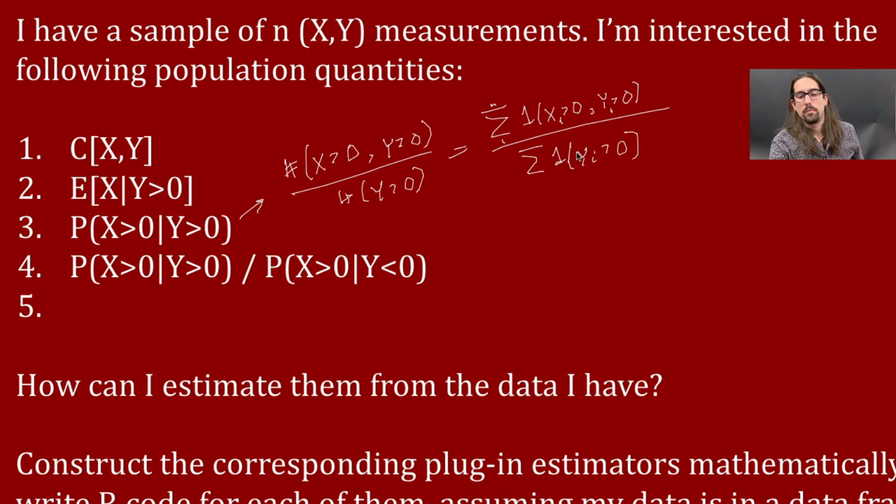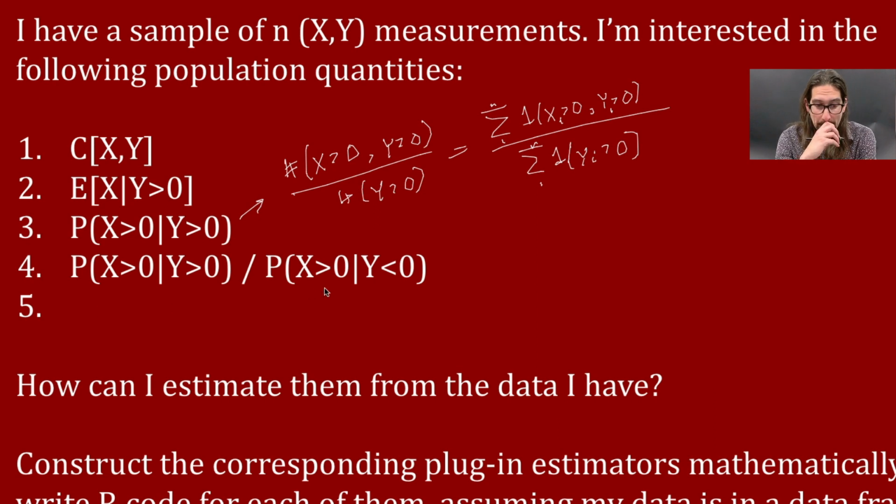Same thing. This one I'm not going to implement in R because you already know how to do that. This is just a count. You can do it separately: get the data set, first count this number, then count that number and divide them. However you want to do that. We've already seen how to do it.